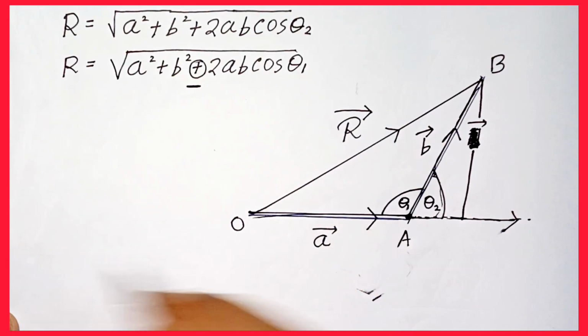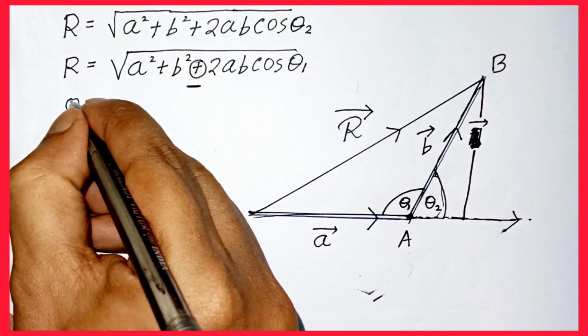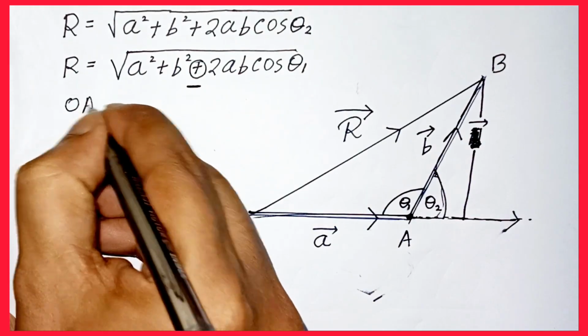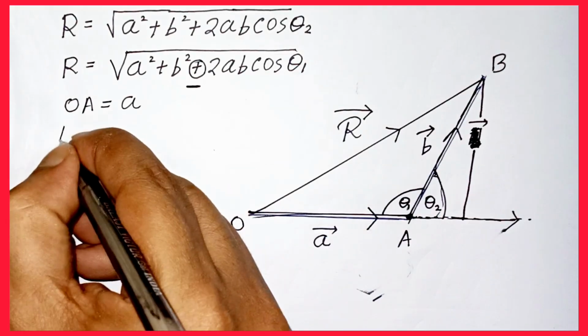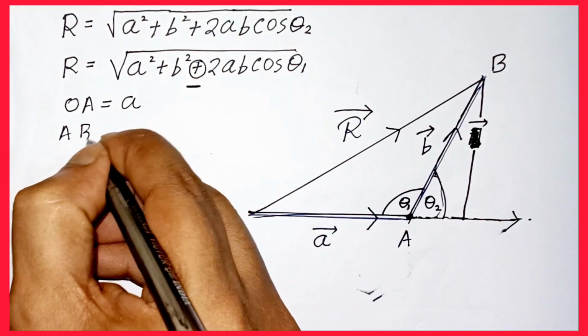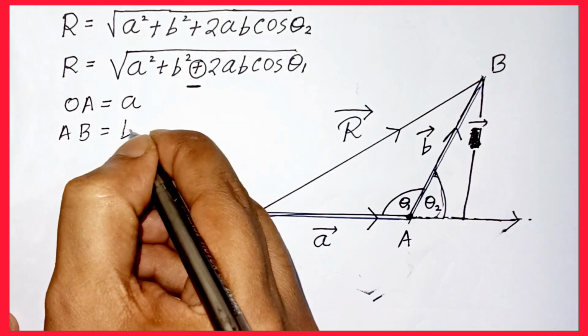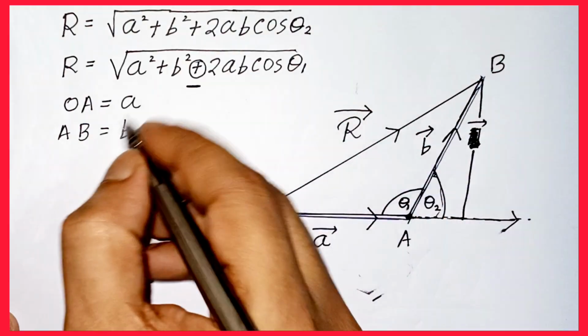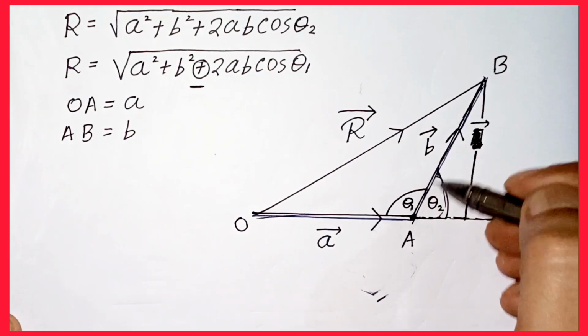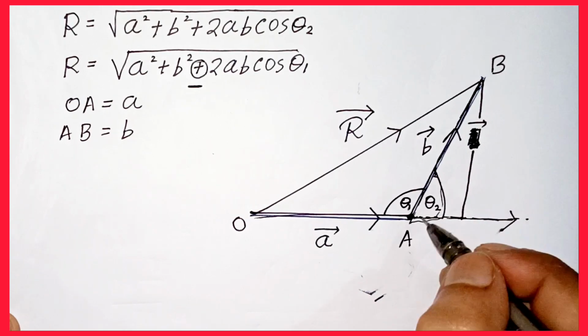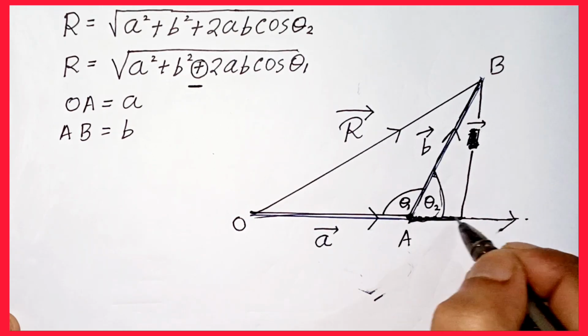So let us first note down what is given. Given is OA equal to A. Take only length. AB equal to B. Take only length. So if I ask you what is the value of BD, look at that small triangle ABD.